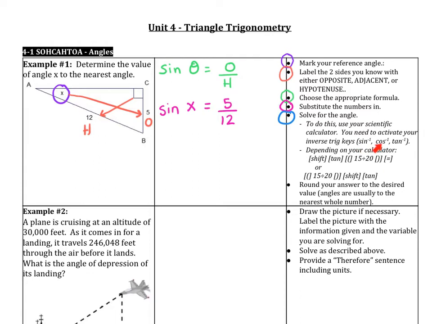And above the cos button, you'll see cos with an exponent of -1, so that's cos inverse. And above the tan button on your calculator, you'll see tan inverse. To get to the sine, cos, and tan inverse, it depends on your calculator, but you'll either have to press the shift button or the second function button. It's usually a button in the top left of your calculator.